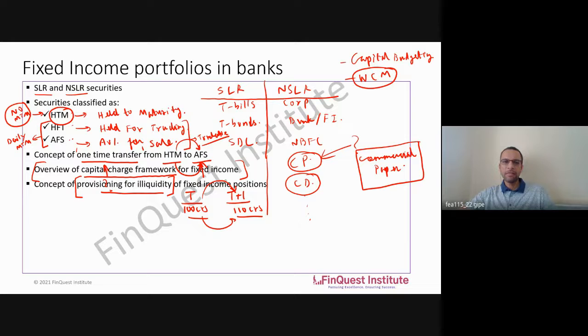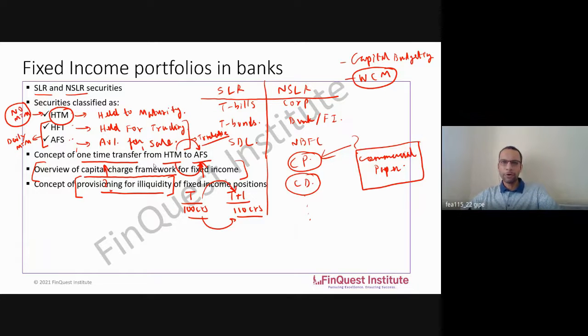So when I say provisioning, imagine that I'm doing capital provisioning. So what could be the reason behind that?